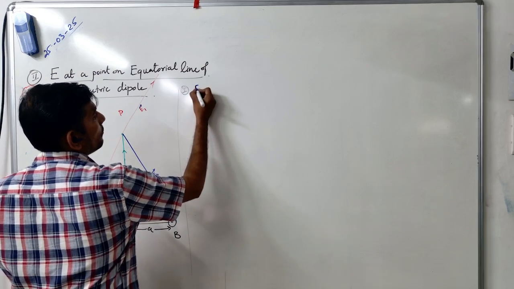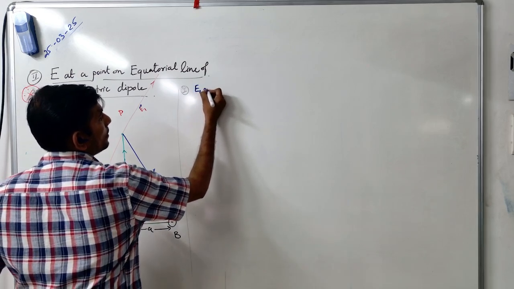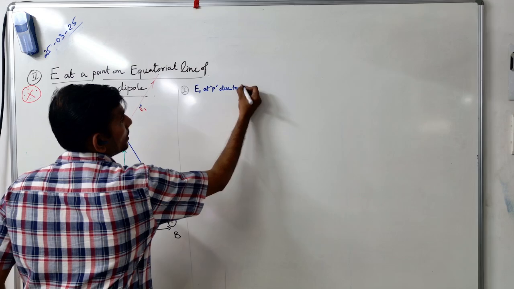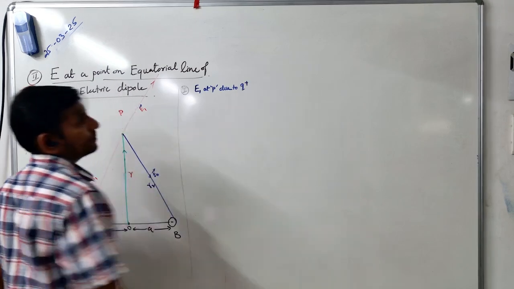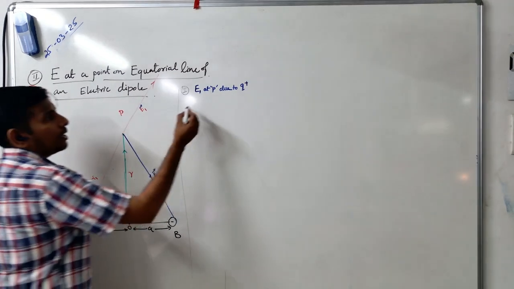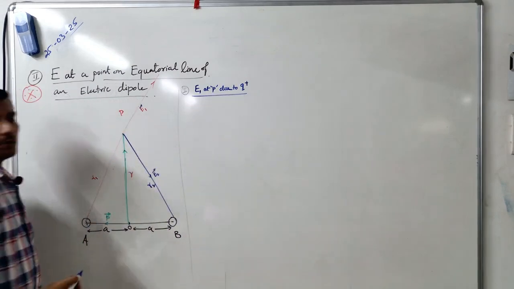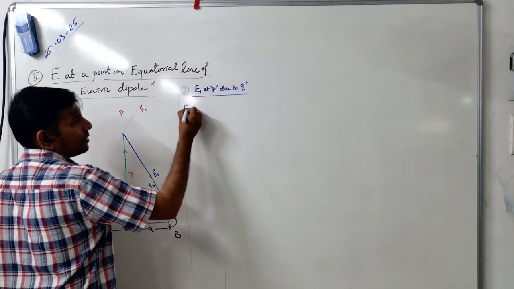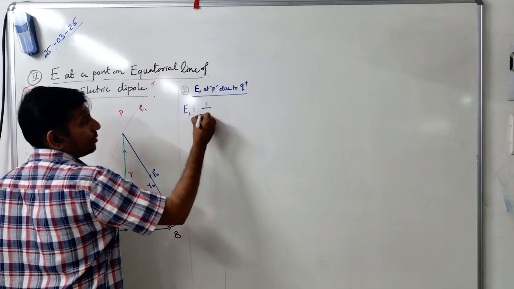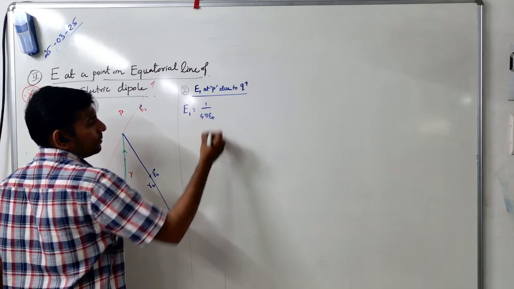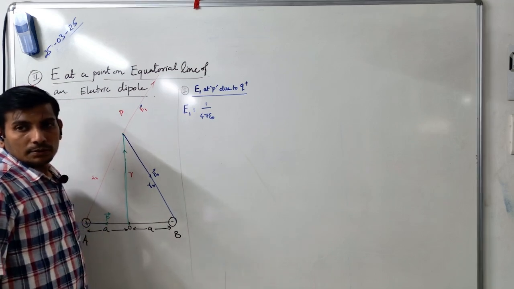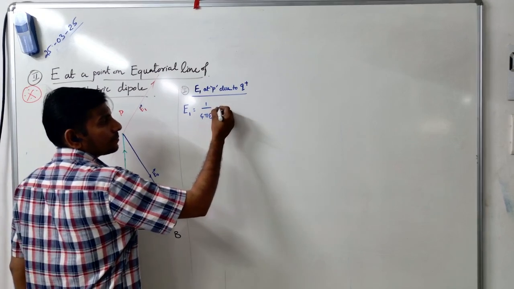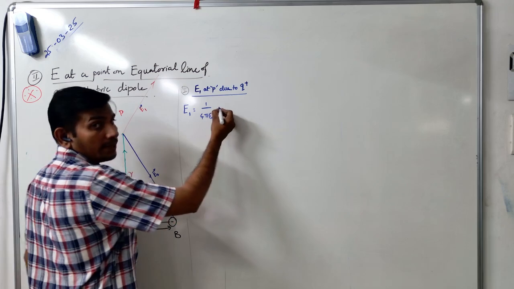First one is electric field E1 at point P due to Q plus. Can you write it? What's the formula, sir? Electric field E1 is equal to 1 by 4 pi epsilon naught. Then, sir. Come again.